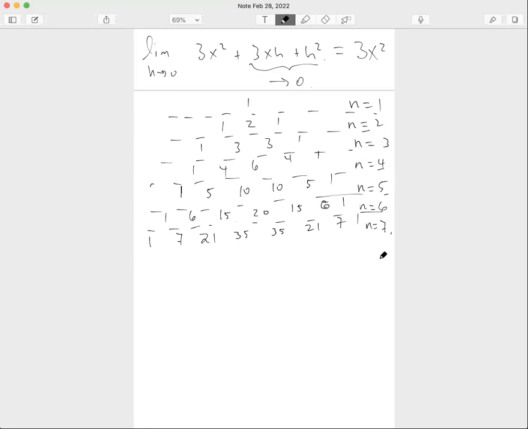So if I had (x plus h) to the 7th, these would be my coefficients. It would be x to the 7th plus 7x to the 6th h, plus 21x to the 5th h squared, plus blah, blah, blah. The idea is that I don't want to do that. Pretend we're too lazy to do all that, right? So let's just see what is common about every single line.